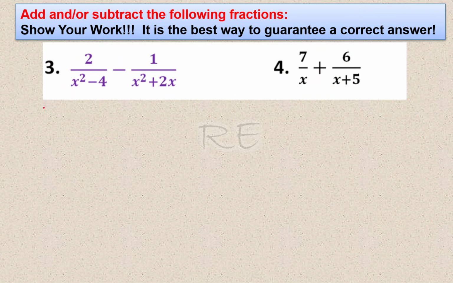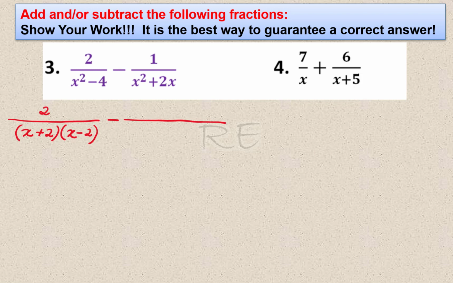To find the lowest common denominator, we're going to factor every denominator. The first one is x plus 2 times x minus 2. The second one is x times x plus 2.